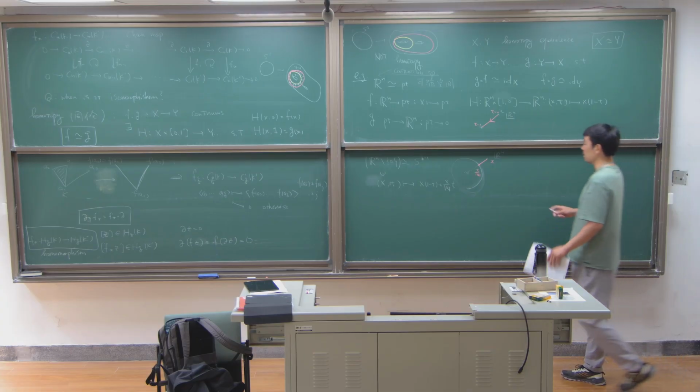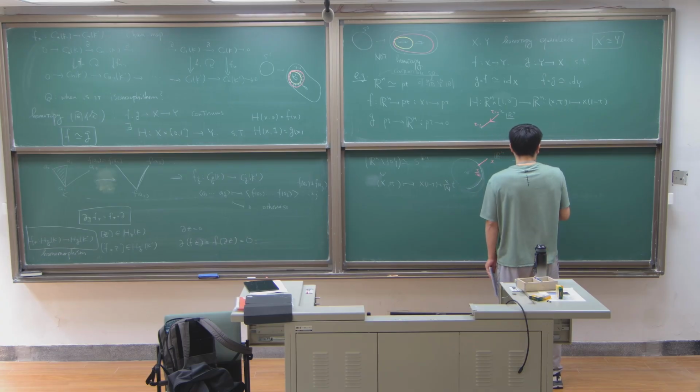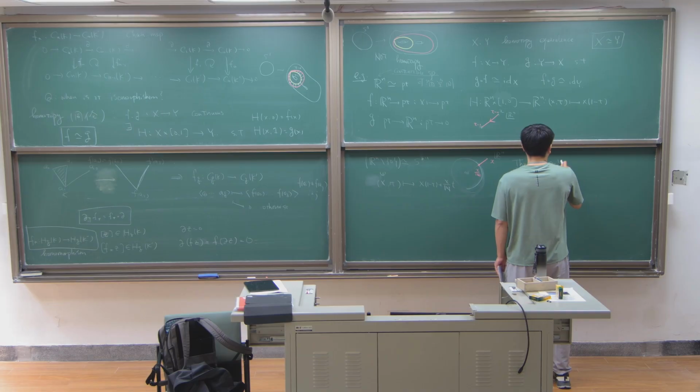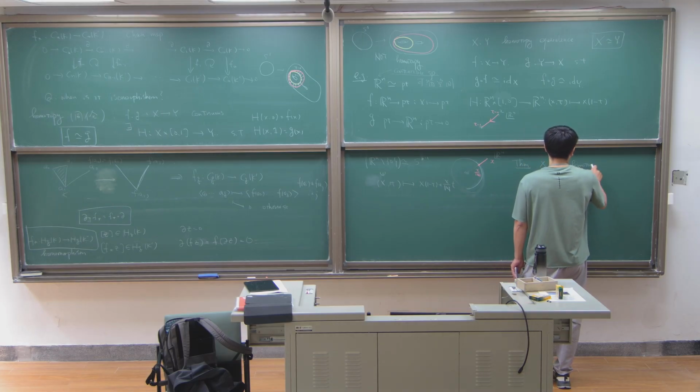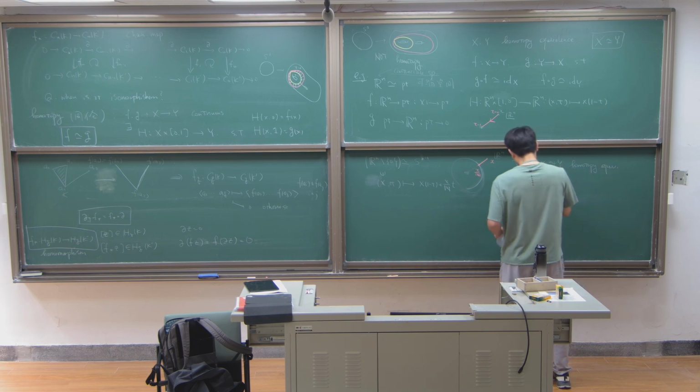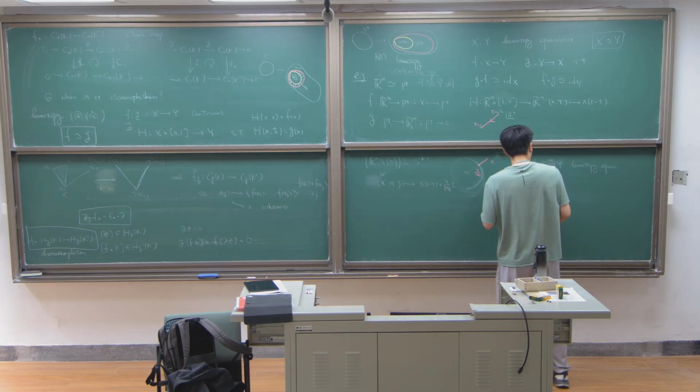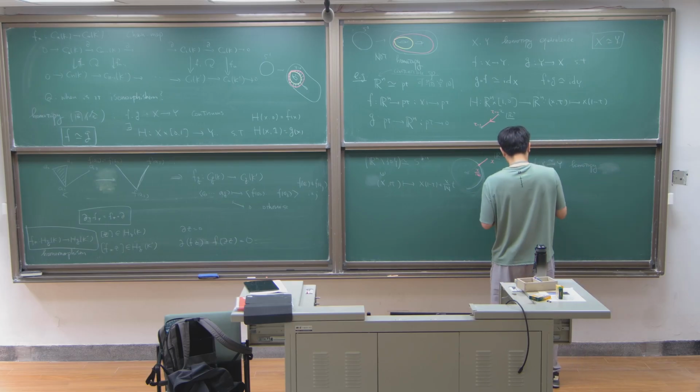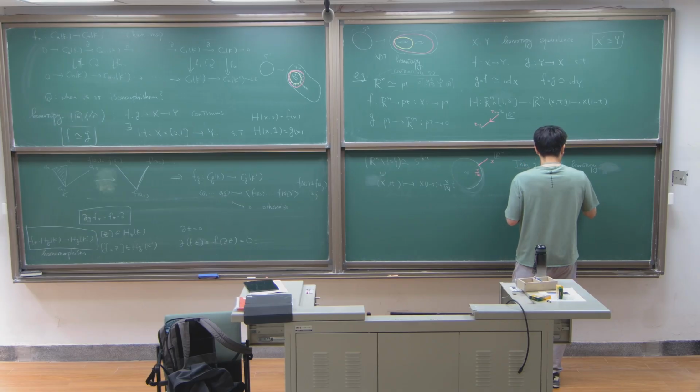And then the theorem says that if X and Y are homotopy equivalent, then f star, the homology groups HQ of X and HQ of Y, are isomorphic.